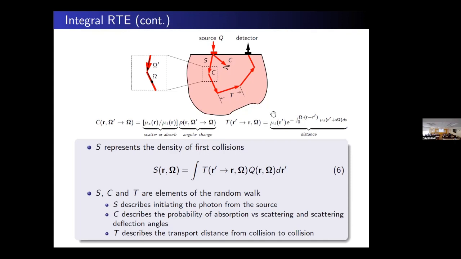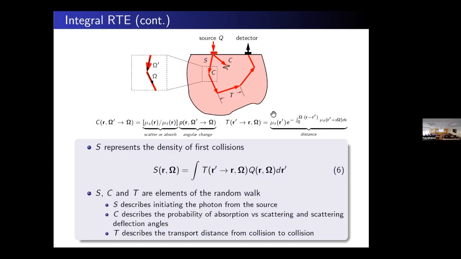What I show in that little squiggly line is that when we invoked the collision estimator and asked, did it scatter or did it get absorbed, that photon got absorbed. That's a little symbol for it.